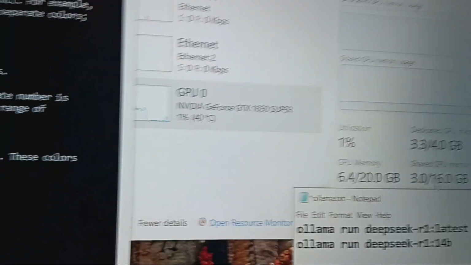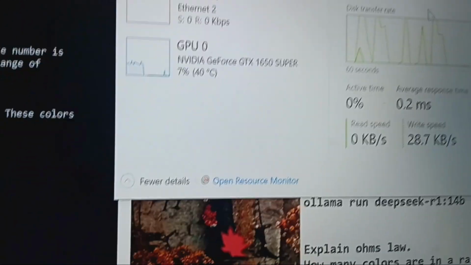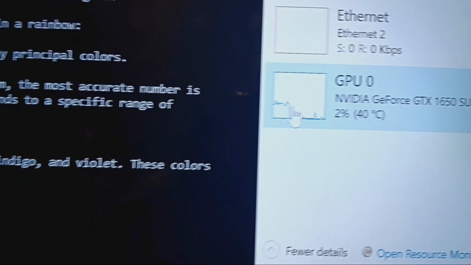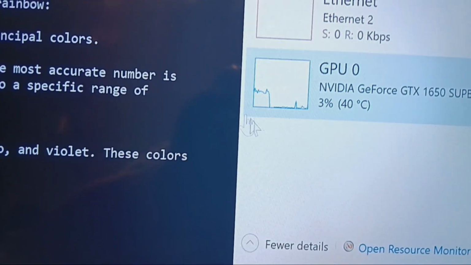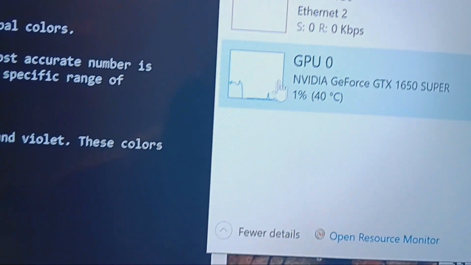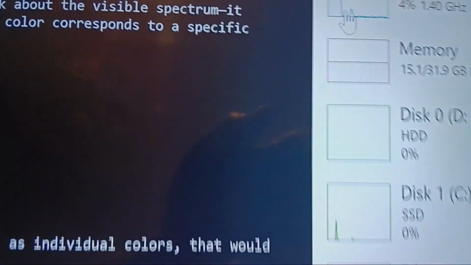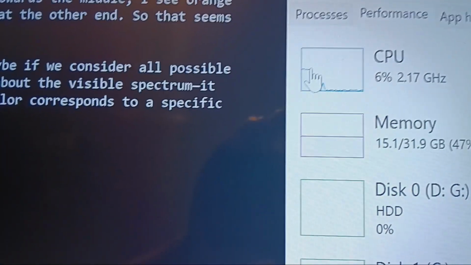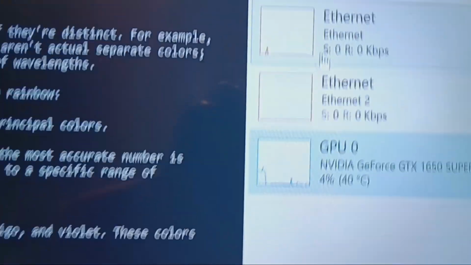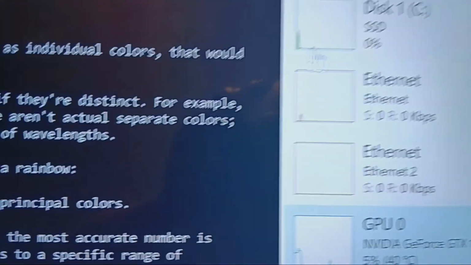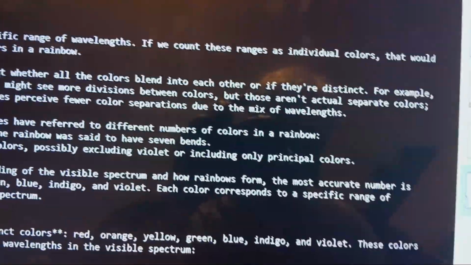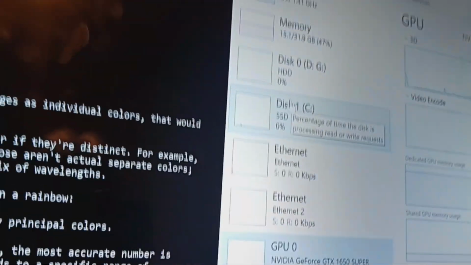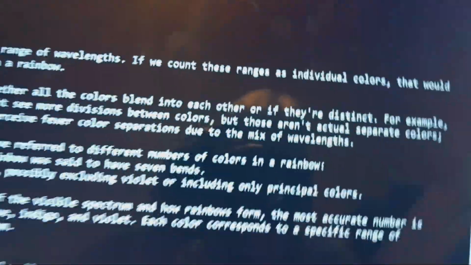If we look at the chart here, GPU, this is what it used here, calculating that. It didn't even use all of my GPU. CPU, you can see it's going away, but that's what it used right there. And the disk activity is minimal. I mean, this thing was thinking and answering without accessing the hard drive. Isn't that amazing? I mean, it accessed it a little bit.